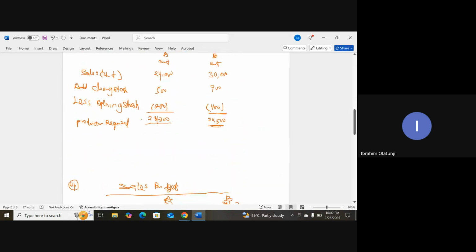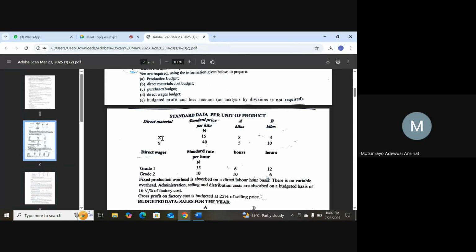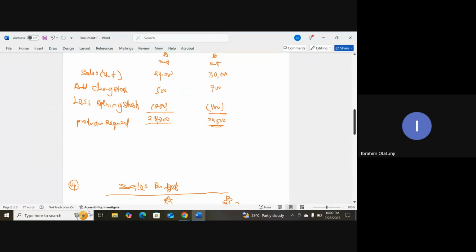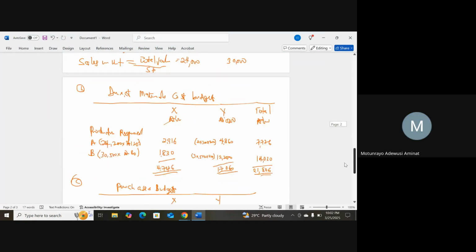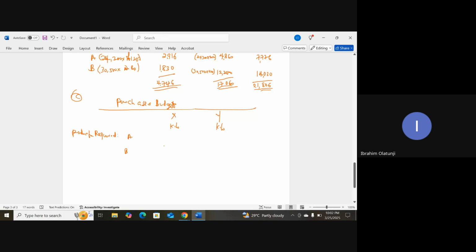I've calculated that under A. It will now be 8 times 24,300. What do you have? 194,400. That is 194,400 kilo.